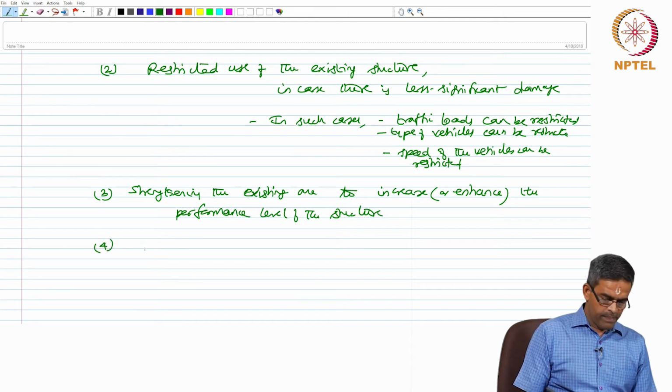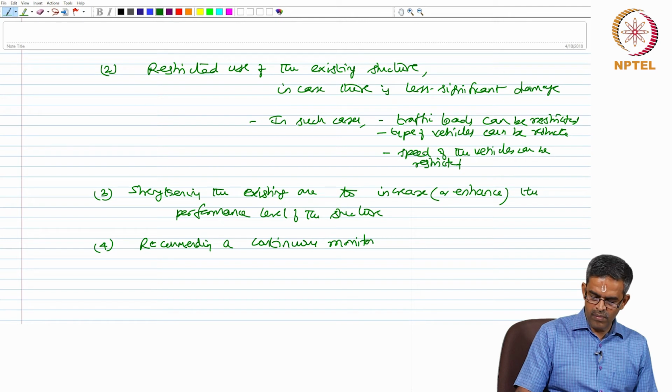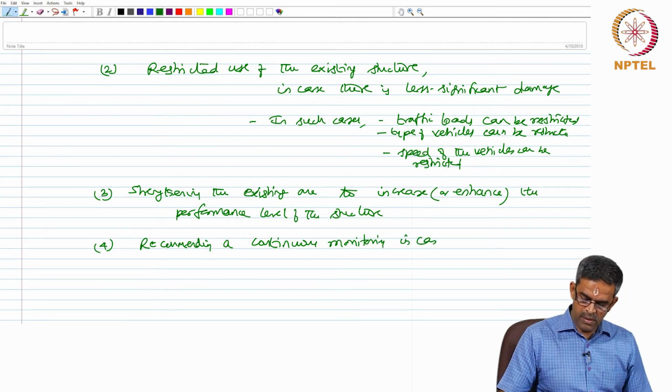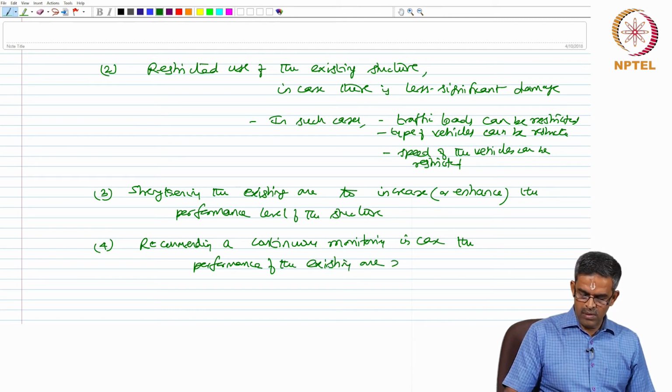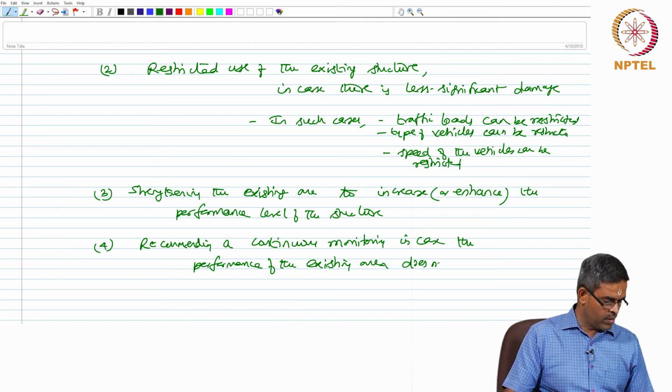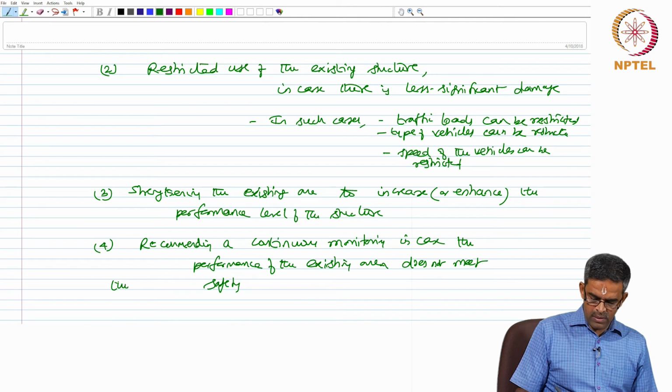The fourth could be recommending a continuous monitoring in case the performance of the structure, that is the existing ones, does not match or does not meet the desired safety requirements.